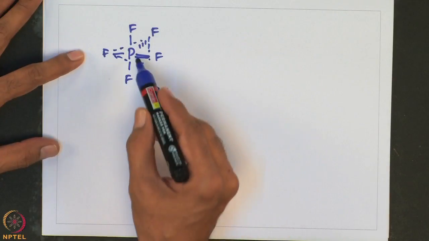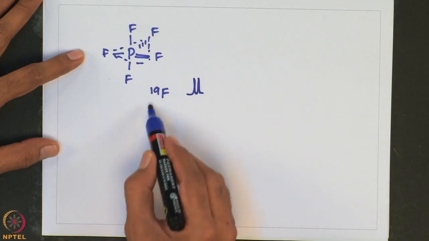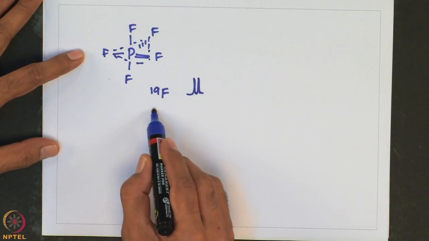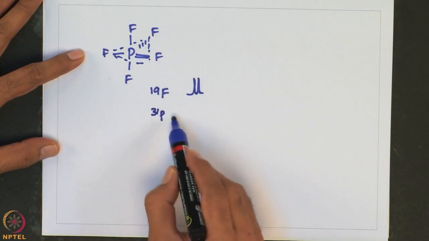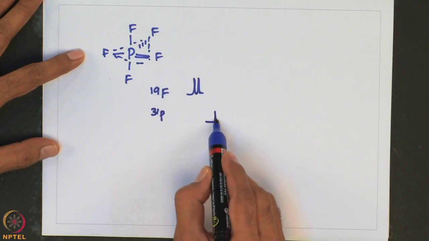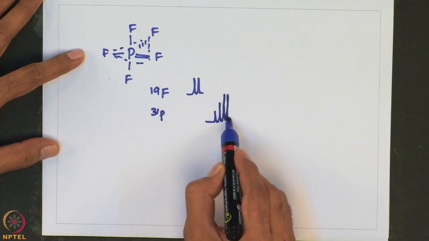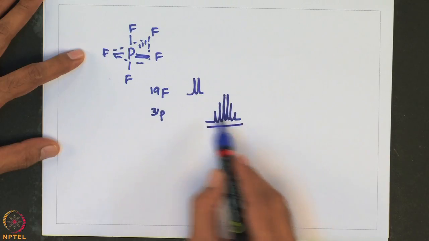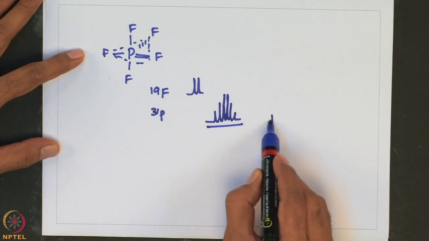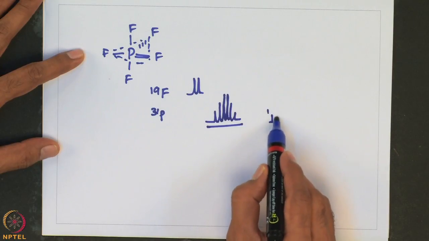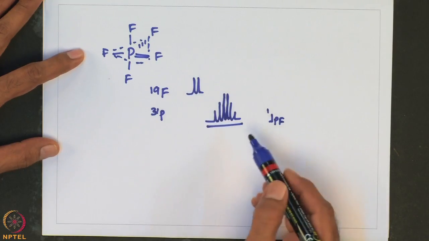So, 19F NMR shows only a doublet, something like this, whereas in case of 31P NMR it shows 6 lines, something like this. Here it indicates all PF bonds are equivalent. This is because of 1J PF coupling, and of course, the spacing is the same as in this one.